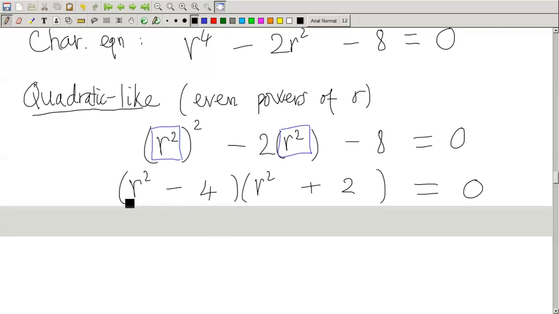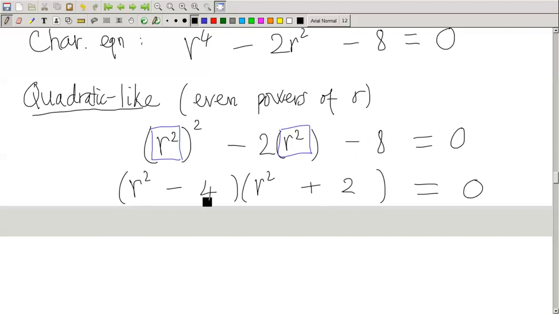And you should double check, right? R squared times r squared, we have r to the 4th here, and then r squared times plus 2, so plus 2r squared minus 4r squared, we get minus 2r squared. And the last one, minus 4 times plus 2, we get minus 8. So that's good.